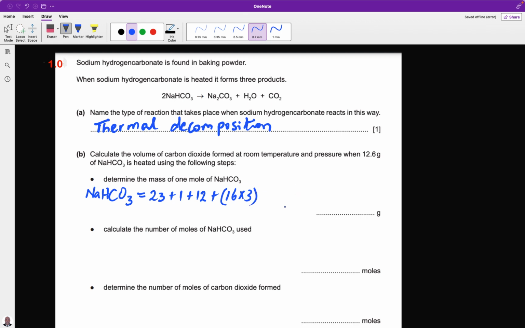If we add up all these, we are going to have 84 grams per mole. Here we have 84.